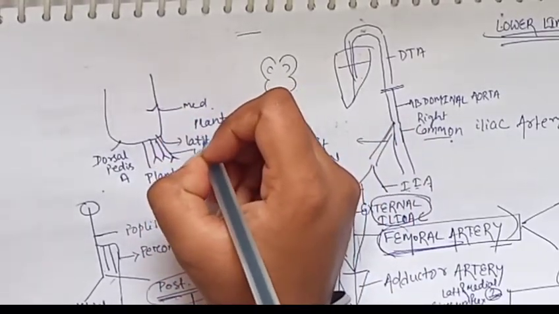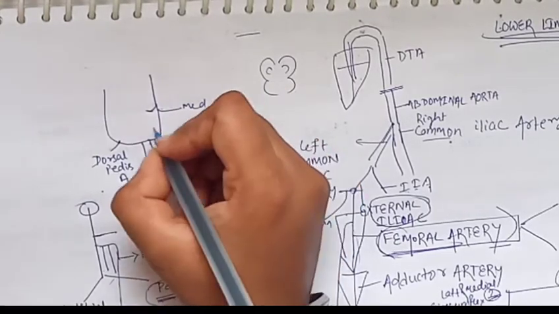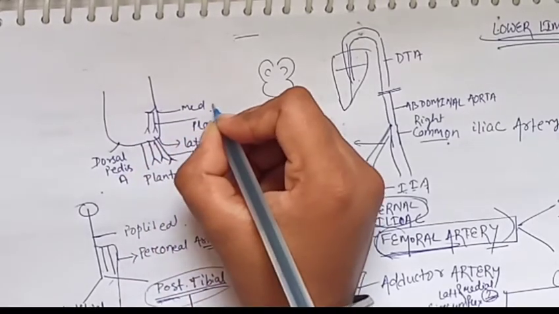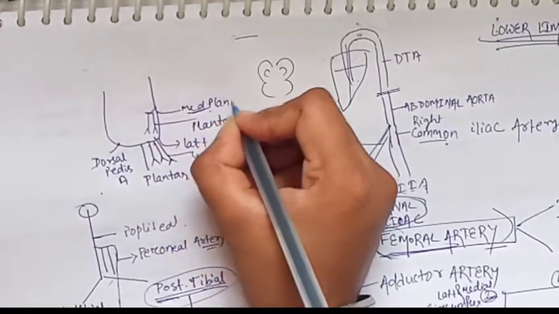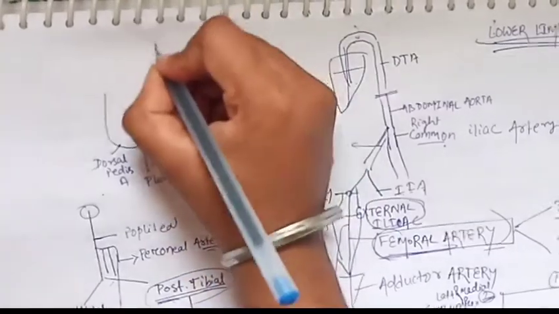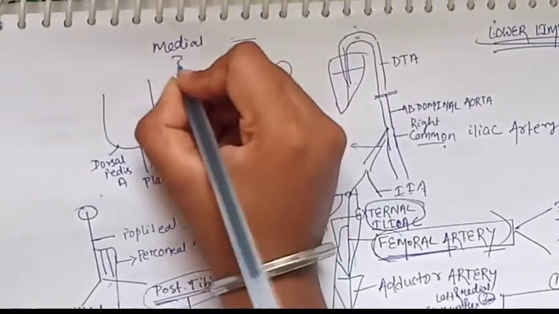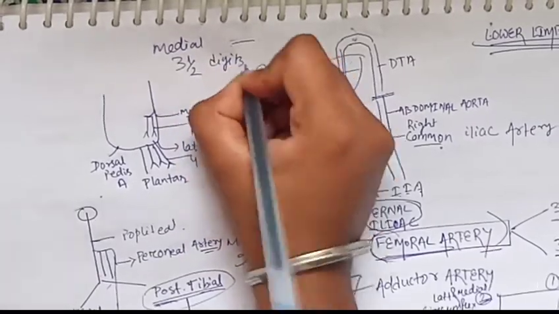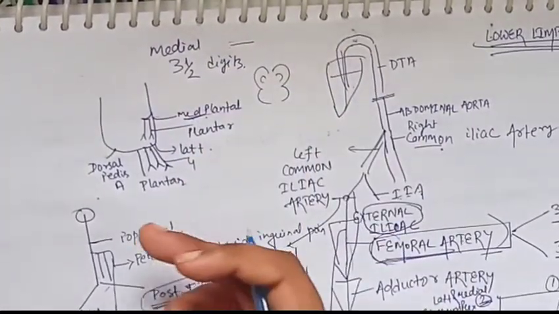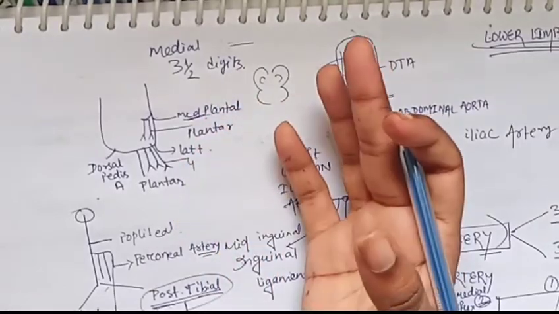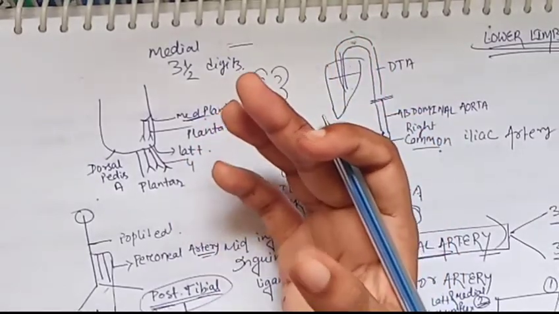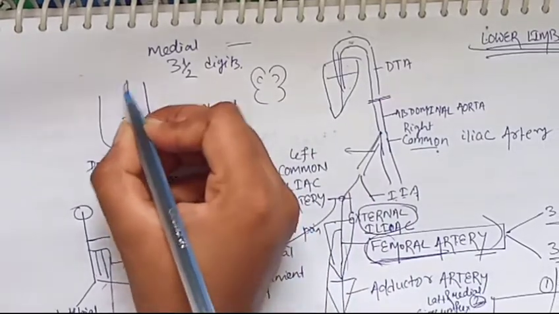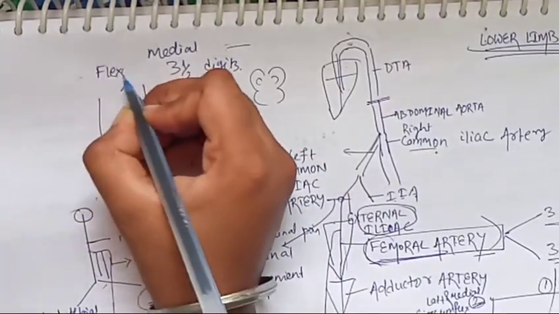It gives the digital branches towards the medial 3.5 digits, along with the medial side of the foot, cutaneous branches and muscular branches towards the medial side of the foot. In this way you can remember all those arteries, and it terminates at the flexor retinaculum of the leg.